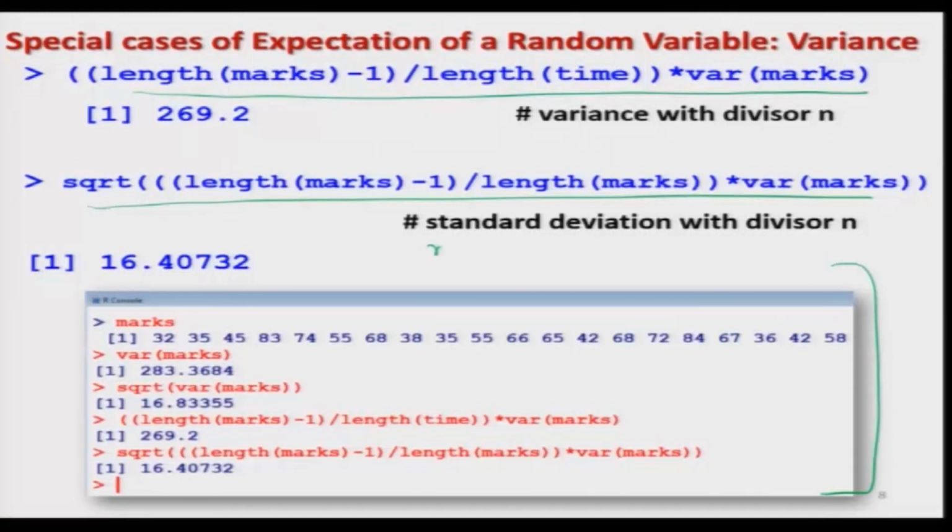You can see that n minus 1 upon n is equal to 1 minus 1 upon n, and if n goes to infinity, this quantity goes to 0 and the entire quantity goes to 1. So that will not make much difference, right. Okay.